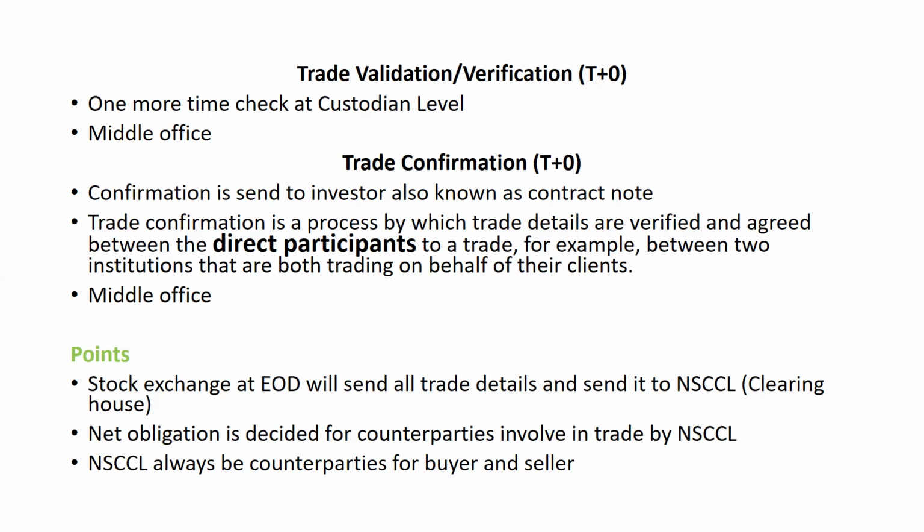The NSCCL then sends these details to the clearing member. Also, one more important thing is that NSCCL is always the counterparty for buyer and seller, which is known as novation. So the buyer doesn't know from whom he is buying the shares, and the seller doesn't know either. From the broker's perspective, the counterparty will always be NSCCL.